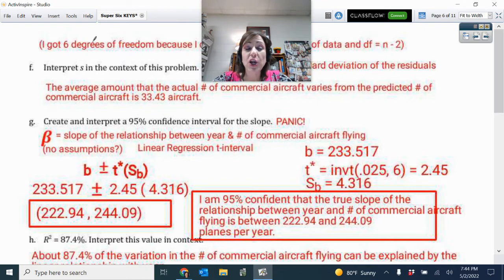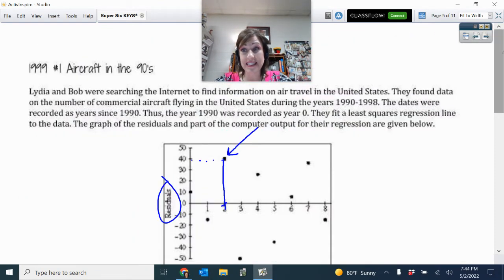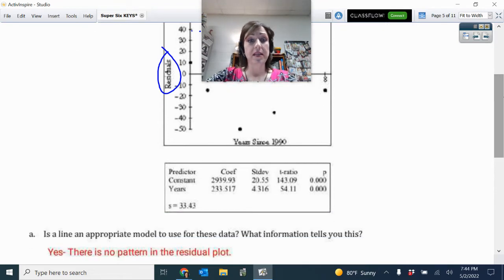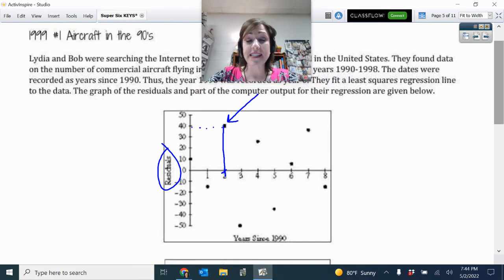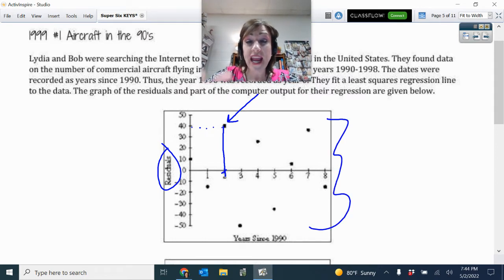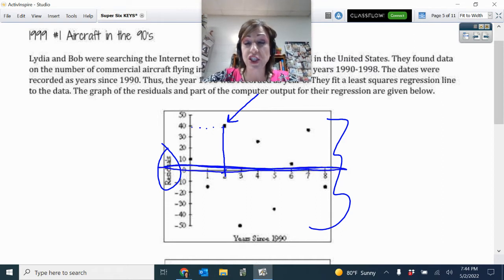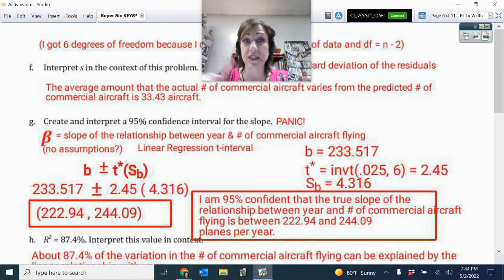Now, interpret S. S on that previous page is the standard deviation of the residuals. That's saying, on average, how far the actual y was from what it was predicted to be.